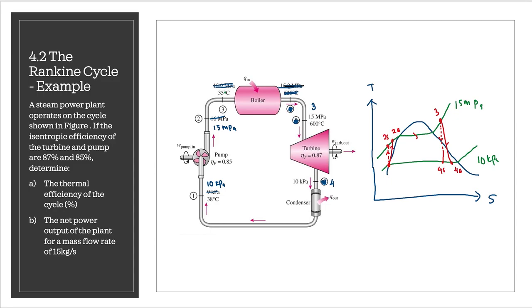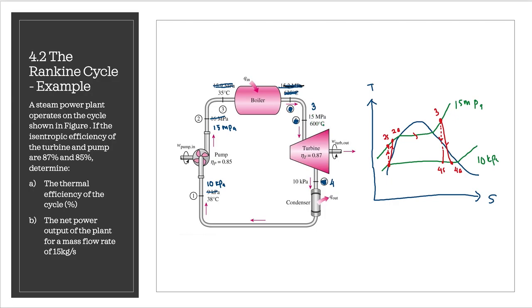So what happened here? The high temperature and high pressure will enter a boiler. In a boiler, the heat is added at constant pressure and will go out from the boiler at the same pressure 15 megapascal and temperature of 600 degrees Celsius.